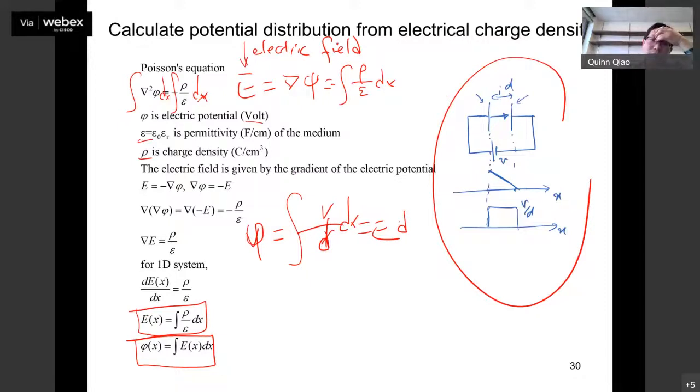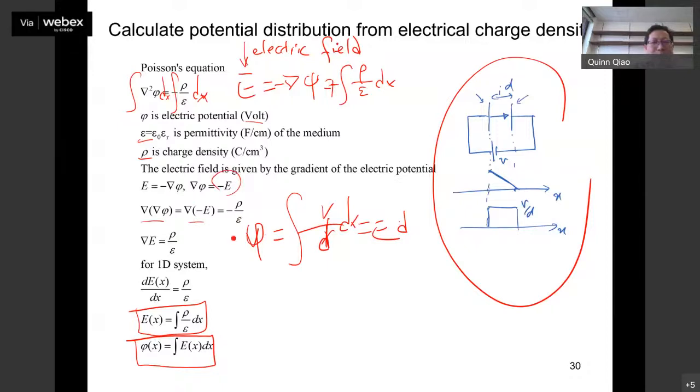So here, there are a few steps in between. You can figure out, for example, E is equal to minus the gradient of phi. There's a minus here, that's why this minus becomes positive. Then you do it again, and you get minus E, that's why it's negative.